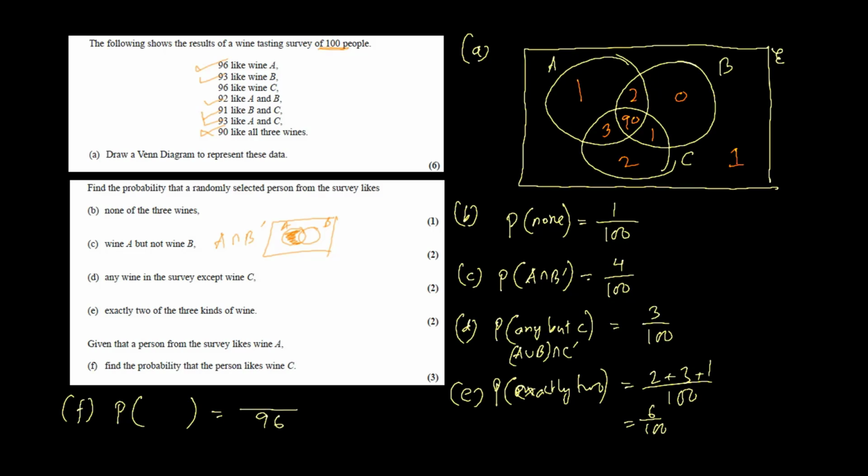Out of those 96, we have to find the probability that the person likes C. That means C conditional A, C given A. You have to write this line as a vertical line. So in this A set, how many like C? If you go to this A set, how many of them like C? So 93 people like C. So it's going to be 93.